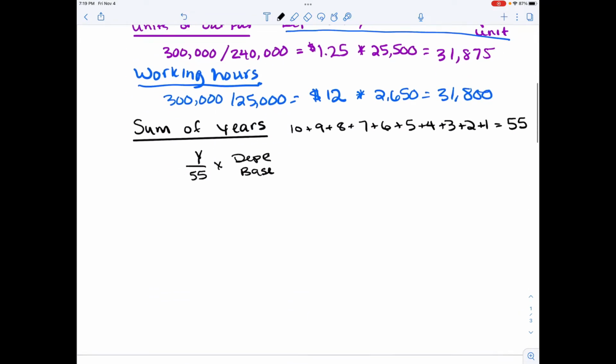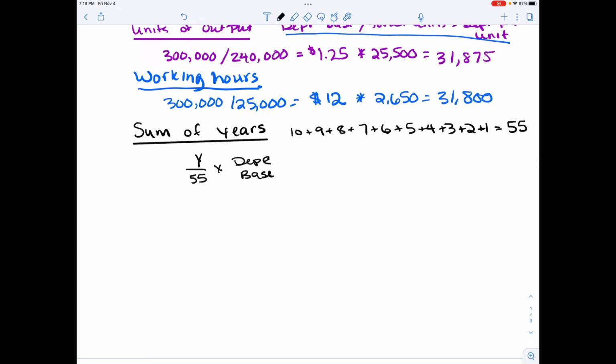But when we're looking at the sum of the year's digits, we still need to, in year 2, we still have a piece of this full year left. So we're going to take that 10 divided by 55, multiply it by my depreciation base, and then I still need to use 4/12 of that first year of operation because I've only used 8 months in year 1.